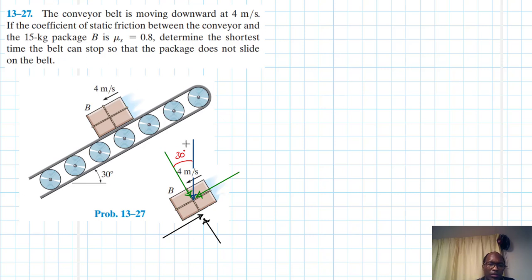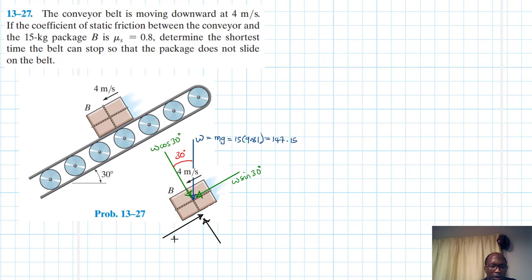So let's write down what we have. This is our W, which is equal to mg, the weight of the package, 15 by 9.81. This one is 147.15. And then we have this is W sine 30, and this is W cos 30.